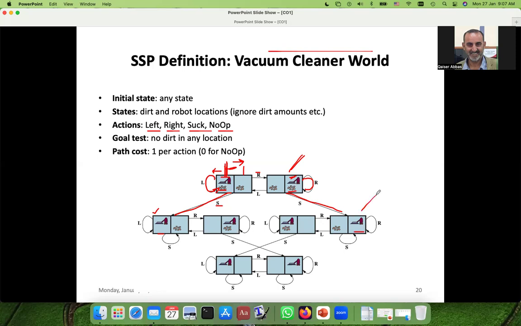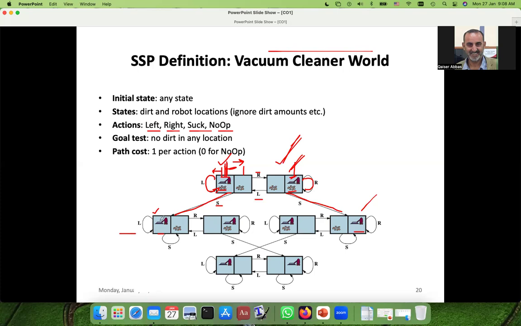This is the next diagram after sucking. And if you perform left, the robot will move towards the other location, so this is the previous state. So that is clear. These two states are now clear.